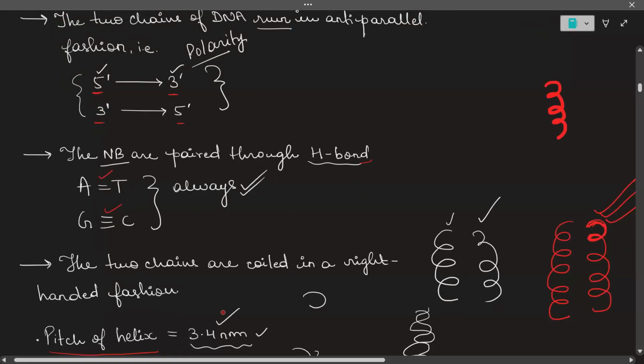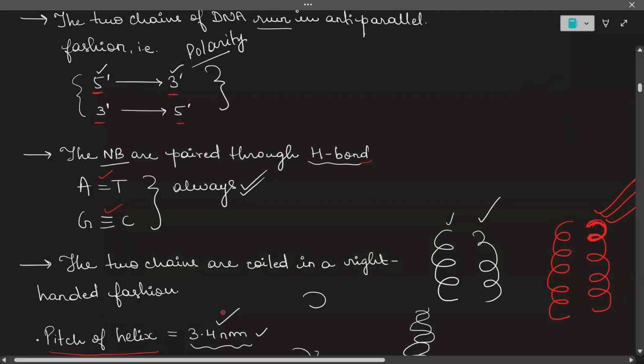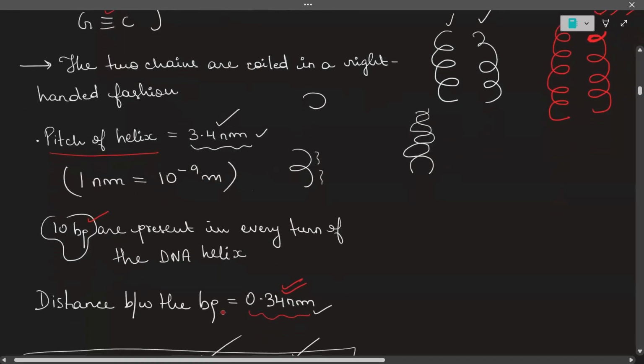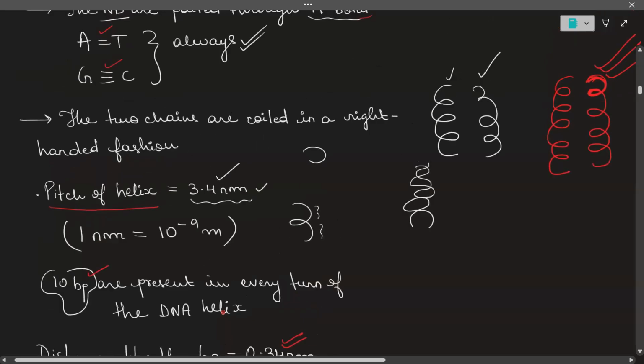This is right-handed and this is left-handed. So ours is a right-handed helical structure. The pitch of the helix is 3.4 nanometers, one turn being the pitch, and in one turn there are 10 base pairs present. Also, the distance between base pairs is 0.34 nanometers. Any doubts up until now, students?